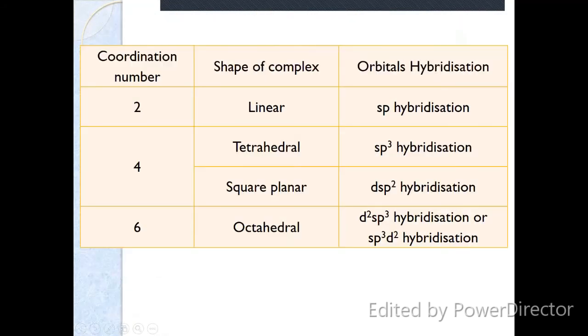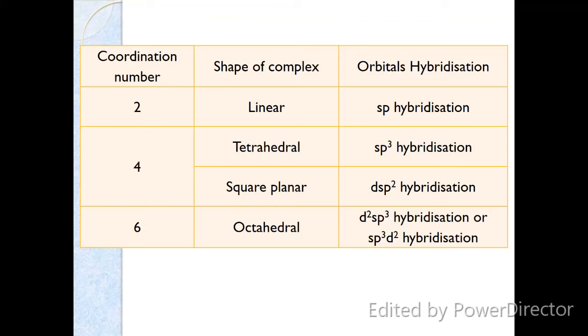If your coordination number is 2, then your shape must be linear, isn't it? For linear, the type of hybridization is sp. If the coordination number equals 4, then it can be tetrahedral or square planar. In tetrahedral, the hybridization is sp3. In square planar, the hybridization is dsp2.